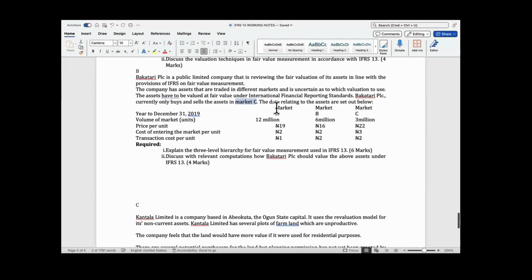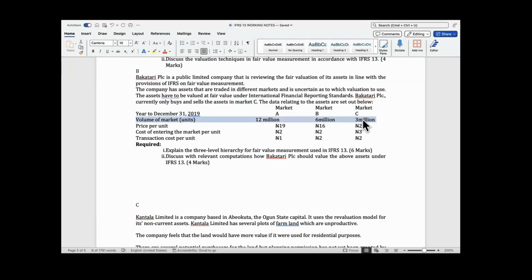So they gave us information on markets A, B, C at the end of the year. They gave us the volume of transaction happening in each market and the prices, the cost of entering the market, and also the transaction cost. So based on this volume, that is what would help you determine the principal market.